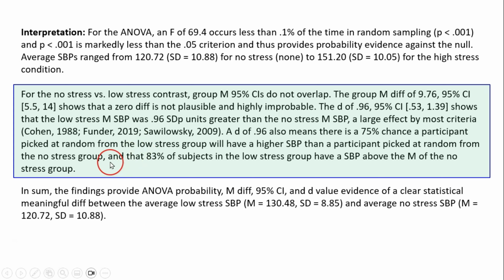In this case, that 83% of subjects in the low stress group have a systolic blood pressure above the mean of the no stress group.